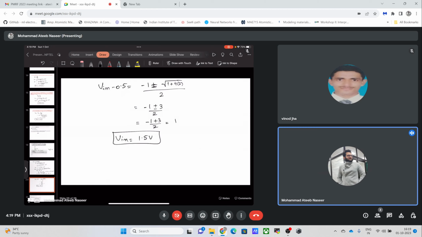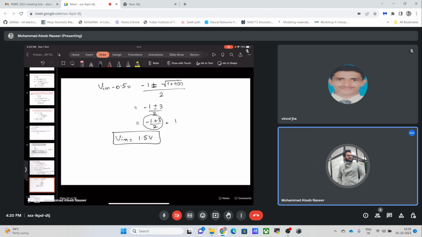So the positive value of this V in minus 0.5 had to be taken, and it came out to be equal to 1. We simply added this 0.5 to it and we got the value of this V in at the edge of this linear to saturation region.